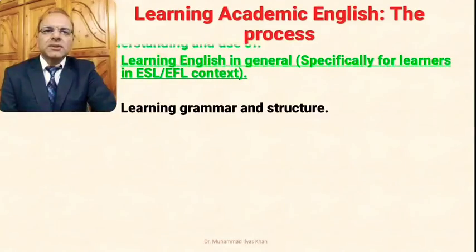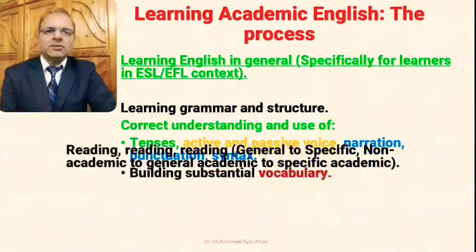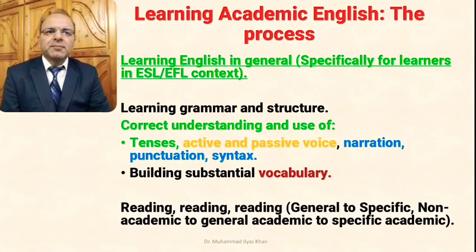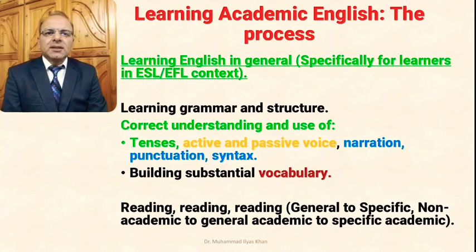Now, the third question is, what is actually the general process of learning academic English? So, the process actually includes, especially for the students or the learners in the ESL or EFL context.